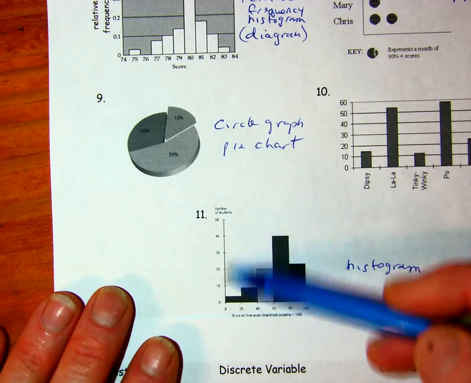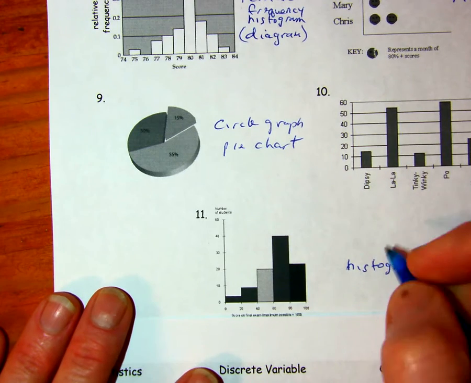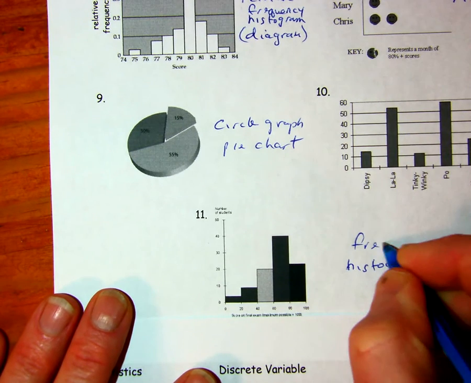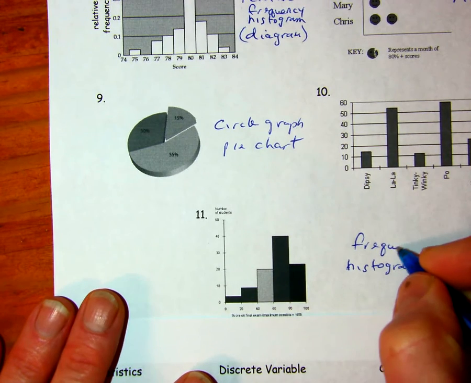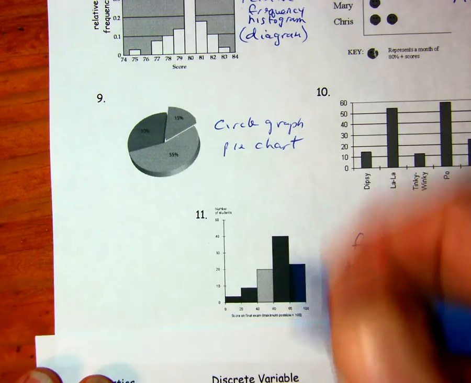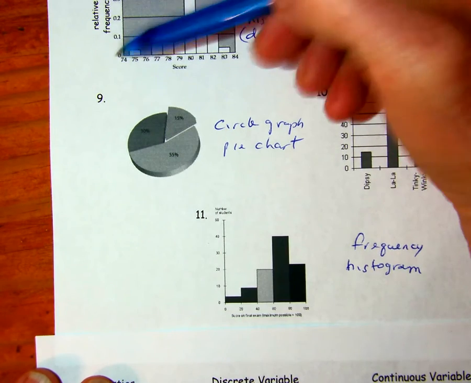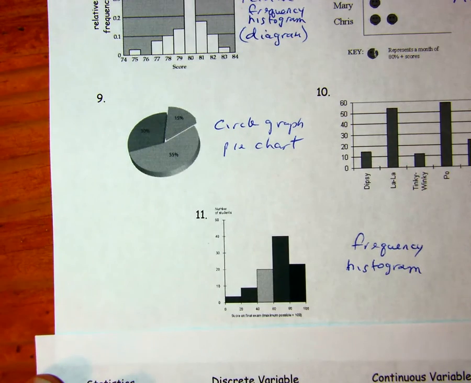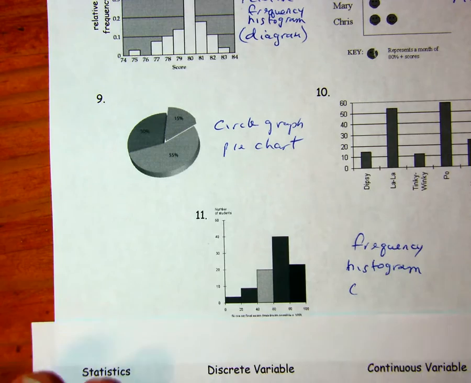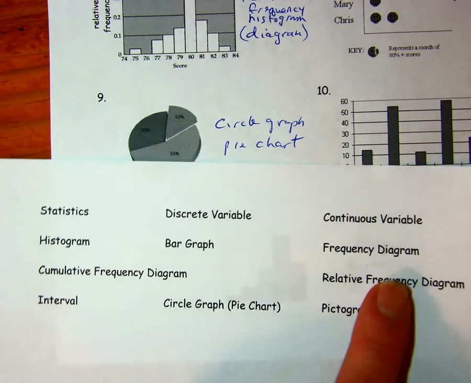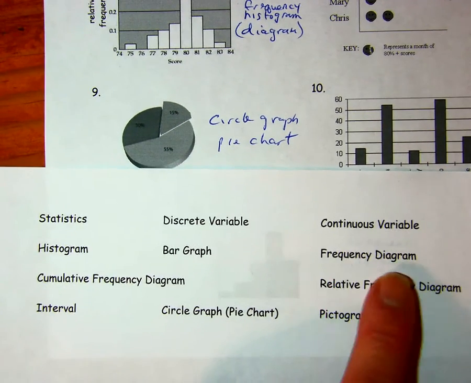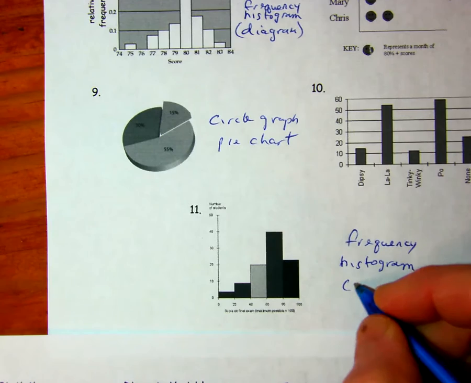So it's not relative; it's just absolute. So this is just a frequency. It's not relative frequency; it's just frequency. How many of them do you have? This is how many do you have relative to the whole population, right? So I guess, was that an option? No, there wasn't an option. So again, it's a histogram, but it's also a diagram too.